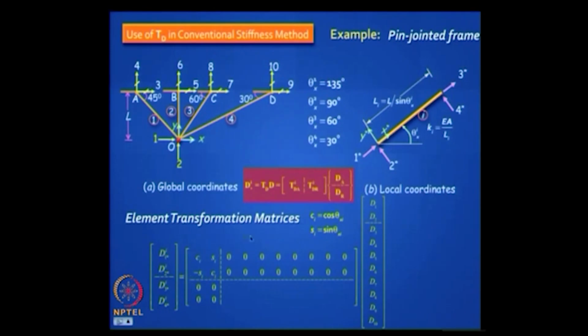This is my Td matrix, and on the right side I put all the coordinates in the structure, global coordinates. There are 2 active coordinates and there are 8 restrained coordinates, right. So the size of my Td matrix for any element I, there are 4 elements, is 4 by 10.